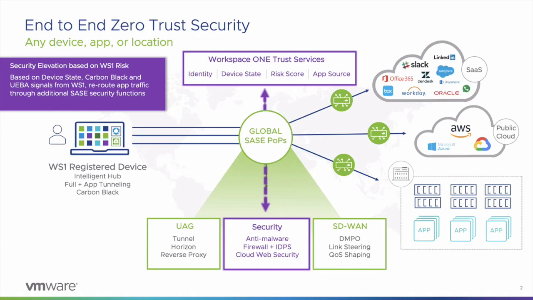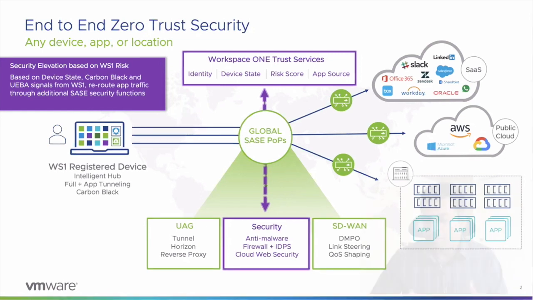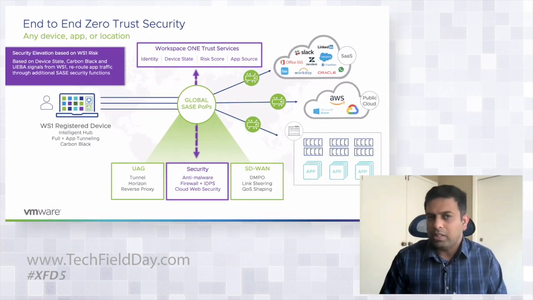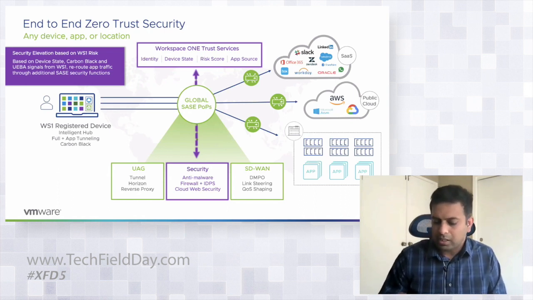If he's classified as a very risky user, can I send him through more security services in order to make the inspection and the security stricter, right? That's the whole emphasis of Secure Access.